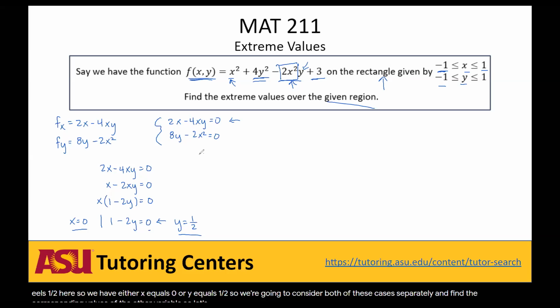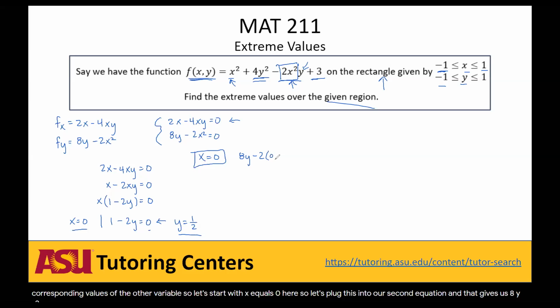So let's start with x equals 0 here. Let's plug this into our second equation. That gives us 8y minus 2 times 0 squared equals 0. So you've got 8y equals 0, because that just goes away.